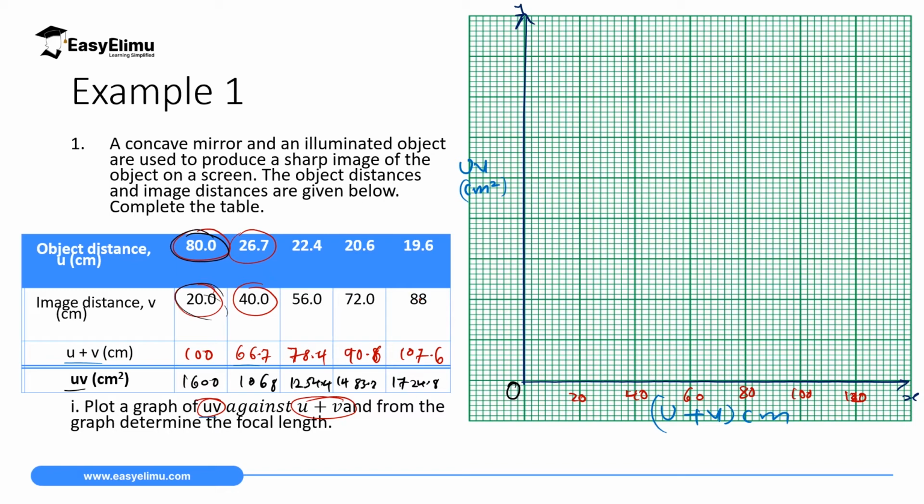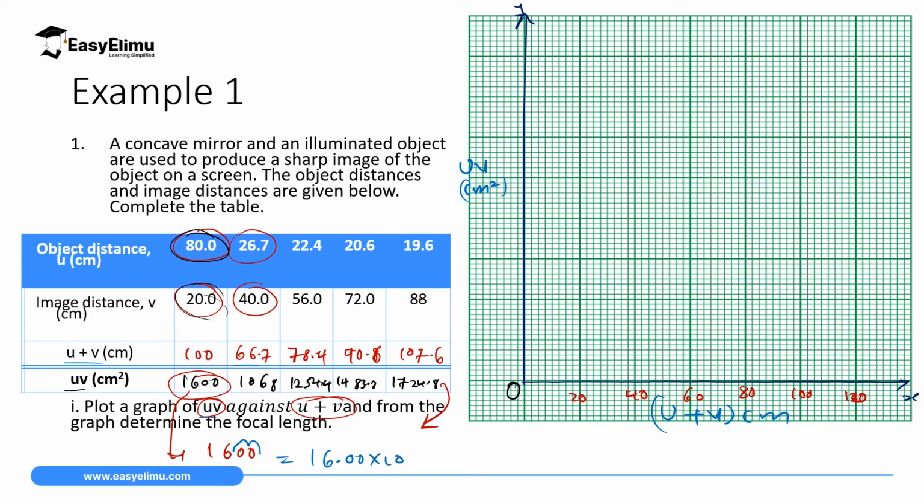Then now in the y-axis, we have the lowest number as 1068 and the highest is 1724.8. So in this case, you will realize these numbers are too big to be given a scale on this y-axis. So what we do, we will take these numbers and write them in standard form. Like if we consider the first case here, which is 1600, for us to write it in standard form so that we can form a uniform and an accommodatable scale, we move back 2 times. So it's going to be 16.00 times 10.